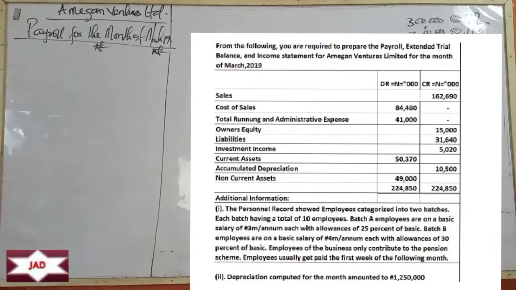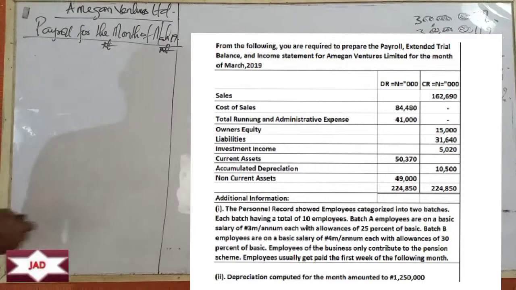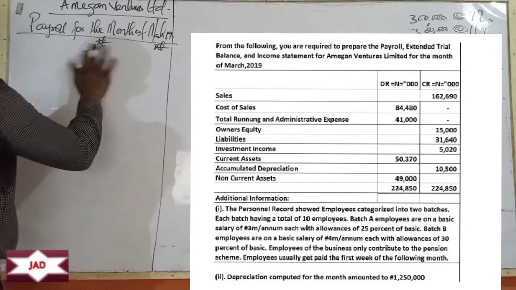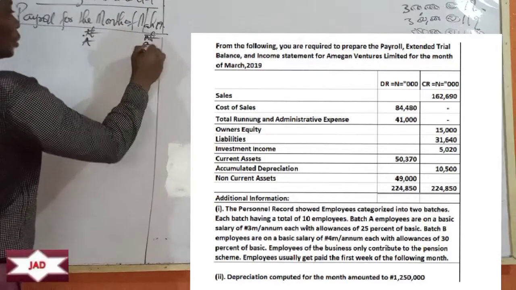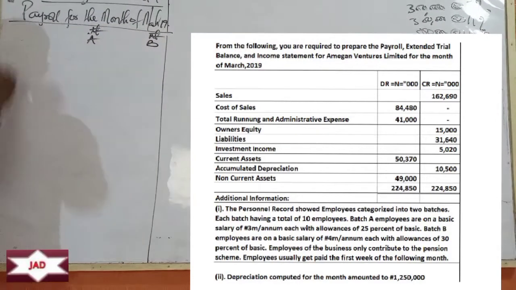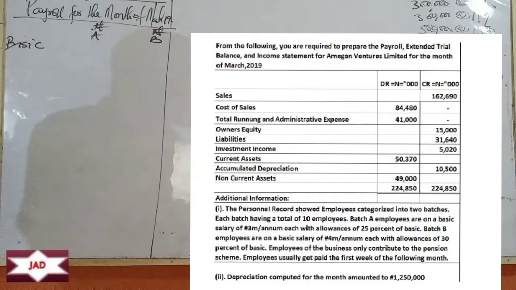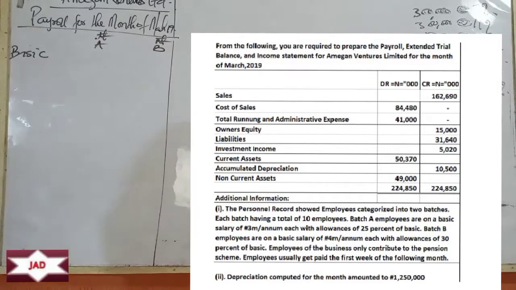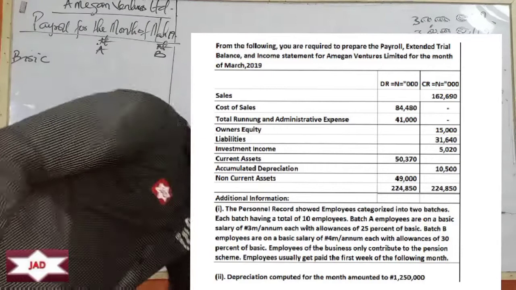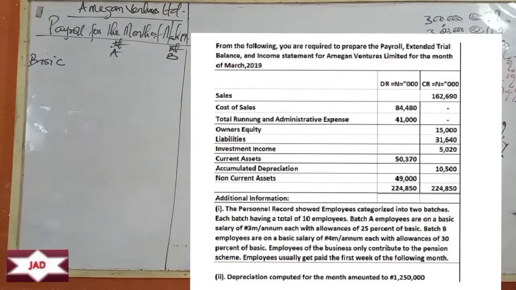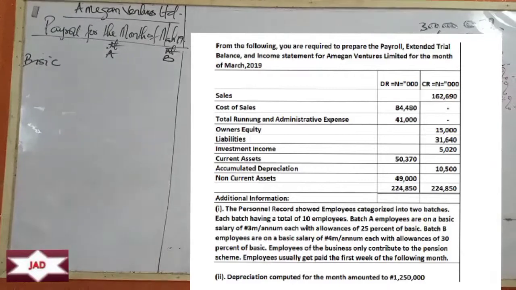2 batches of employees. Okay, so let's say, let's call this batch A and batch B. Okay, so we have basic. What's the basic salary there? For batch A we have 3 million each per annum, and there are 10 of them.